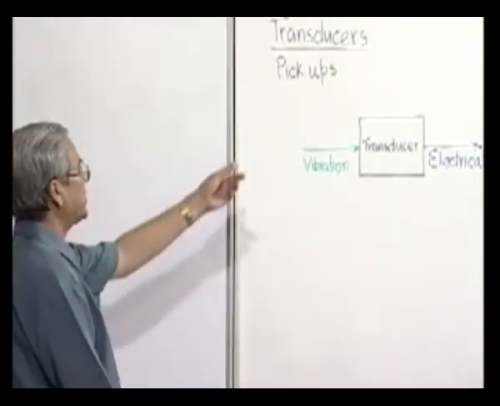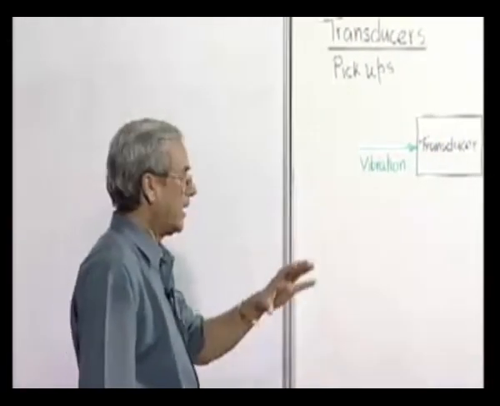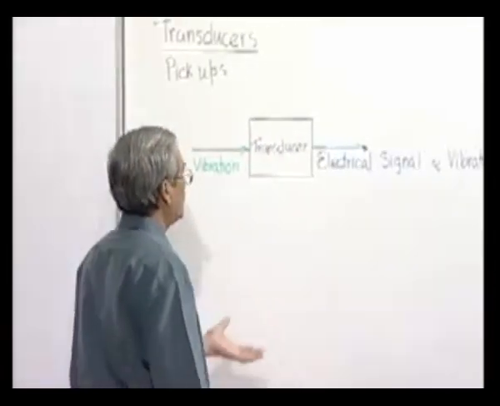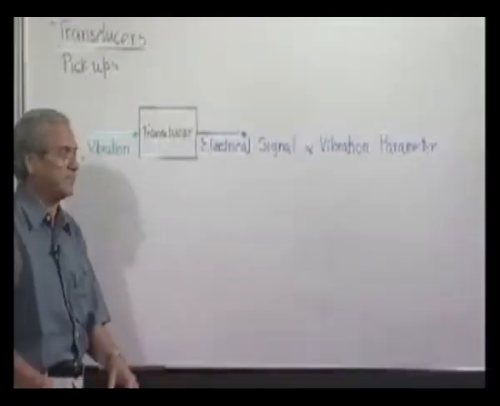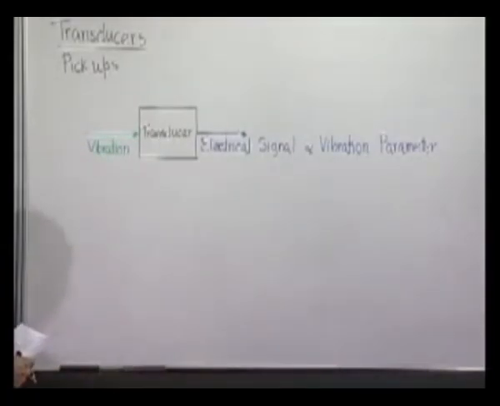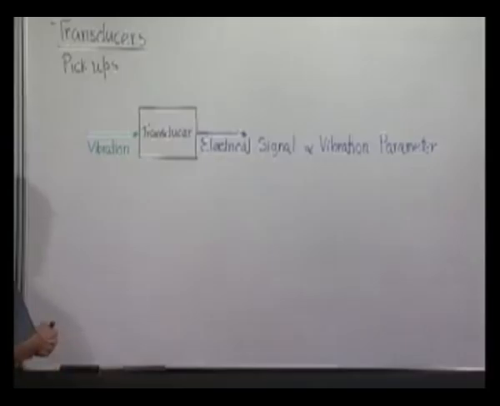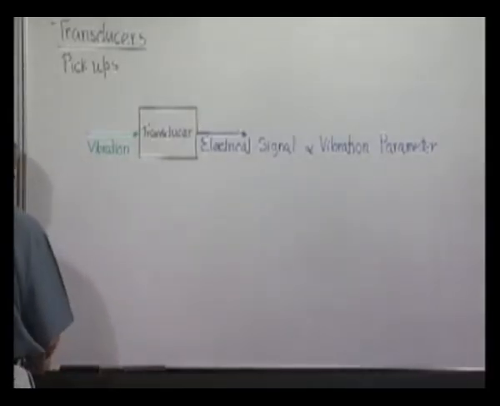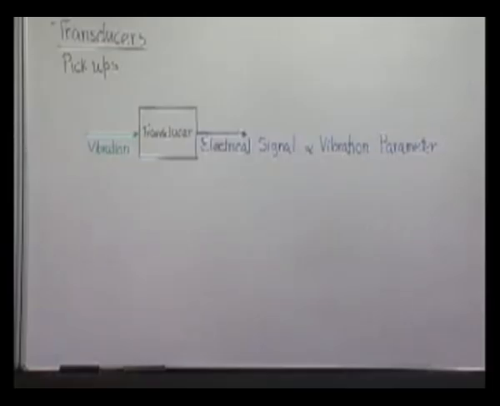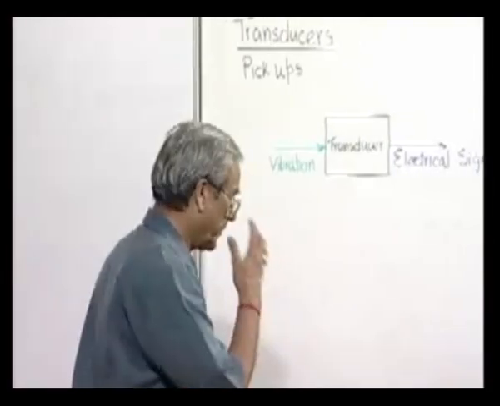Sometimes it is used even in an online feedback loop in a machine to do something. So this is the basic function of a transducer, and in these sessions what we will do is discuss the design and basic principle of some of the commonly used transducers.